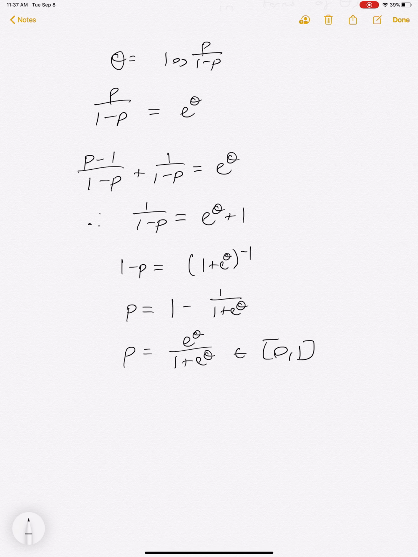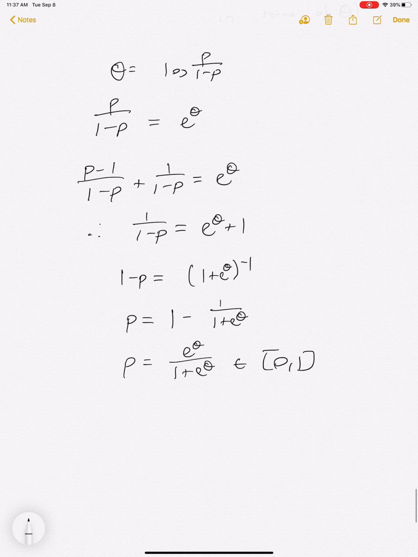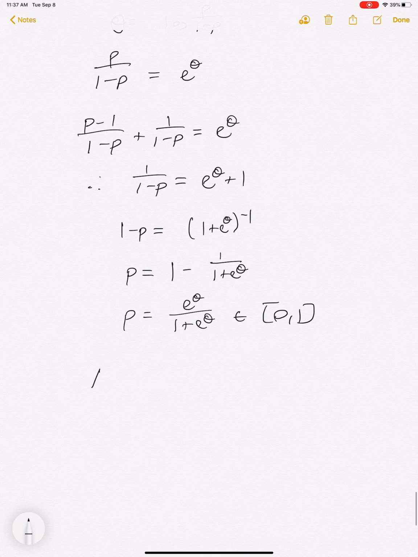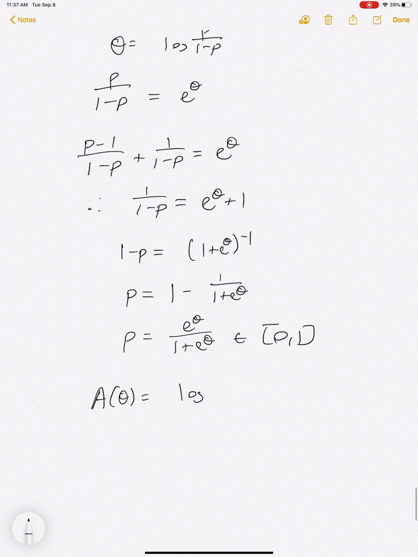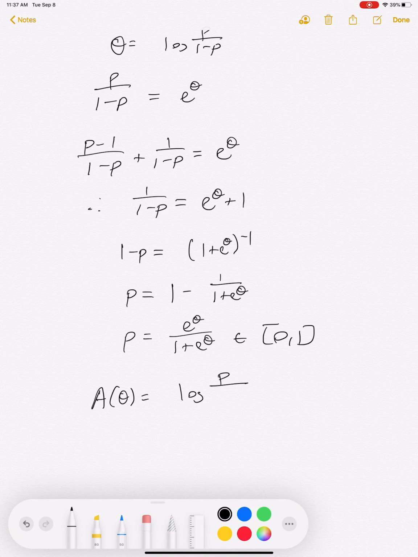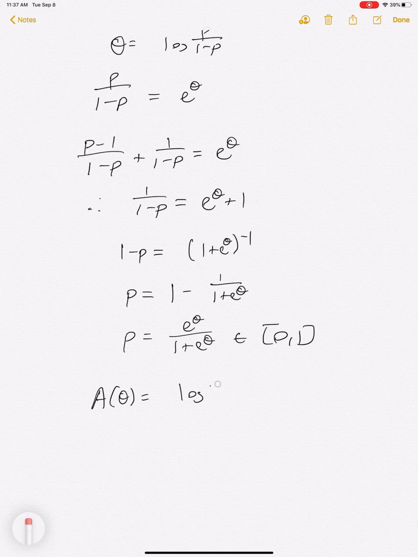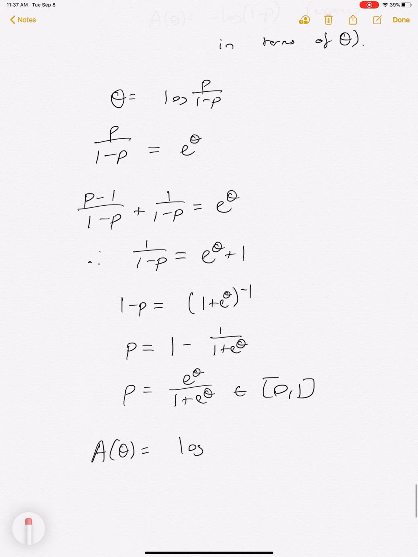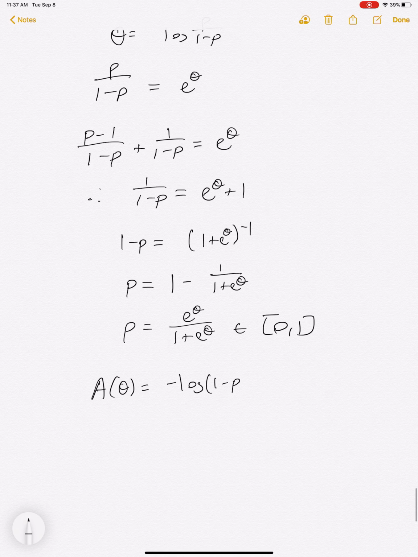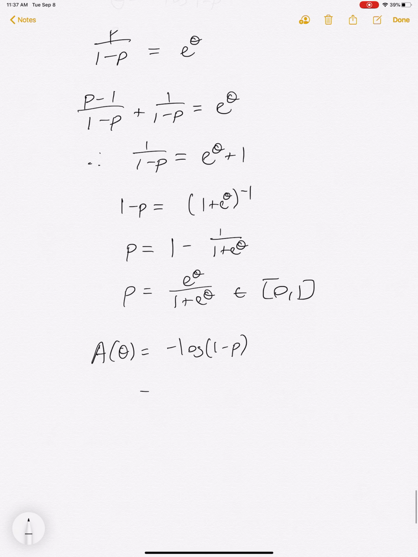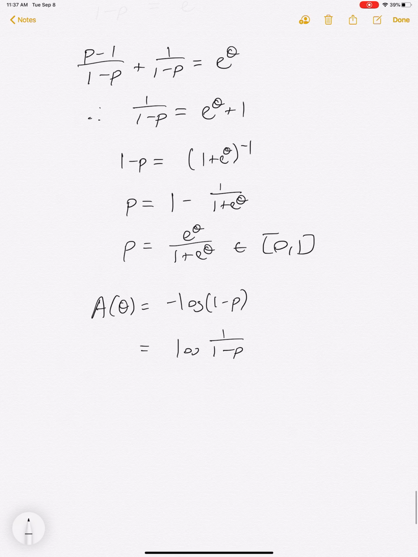Okay, and so if we put that into a of theta, which is just negative log of 1 minus p, which is also just the same as log of 1 over 1 minus p, that is going to be equal to log of 1 plus e to the theta.